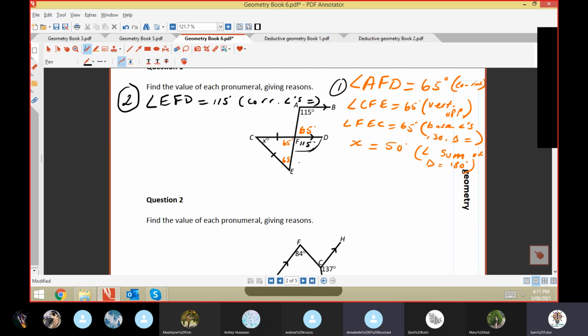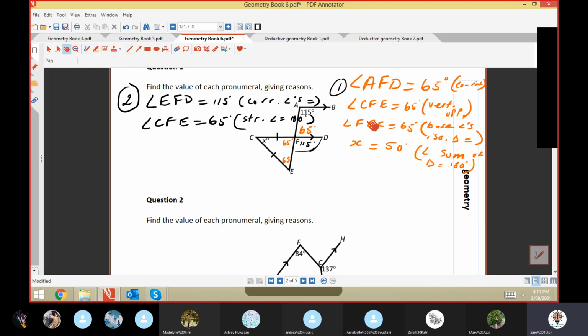And then once that's 115, angle CFE would equal 65. And what's your reason there? Because a straight angle is 180 degrees. Let's write that. Straight angle equals 180 degrees. And then, of course, the next two lines.